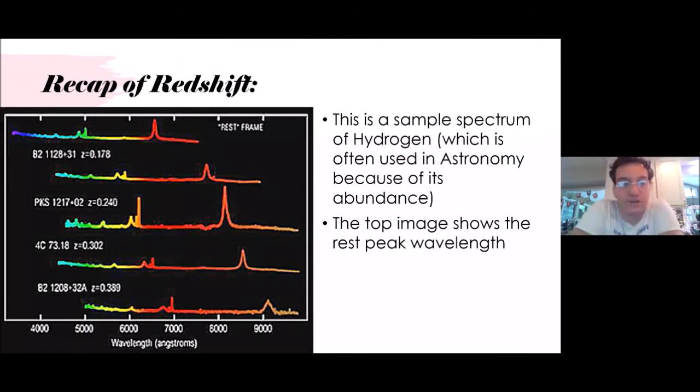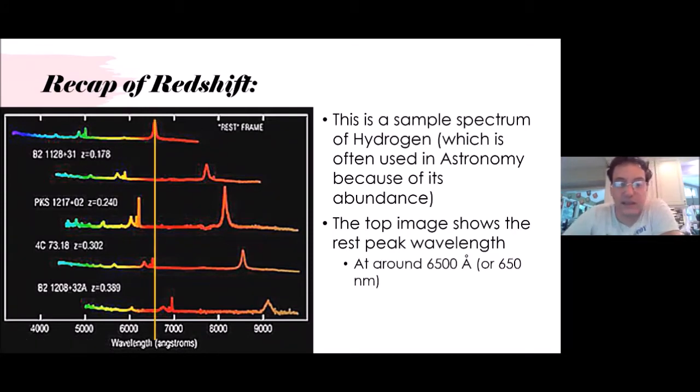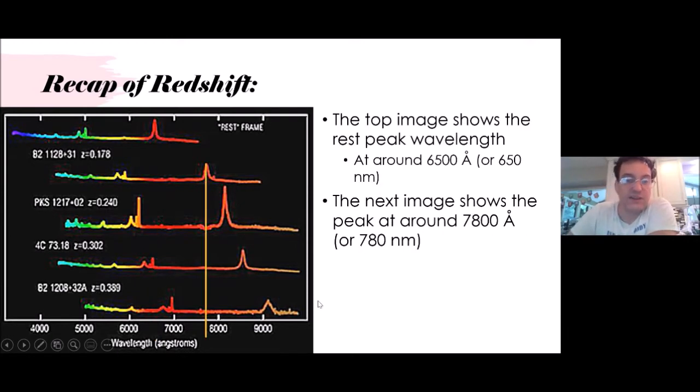If we look at this illustration, the top one is our rest frame. This is a spectrum of hydrogen, and you can see the peak at this point right here. That peak is associated with about 6,500 angstroms, or 650 nanometers. Let's look at the next one down.